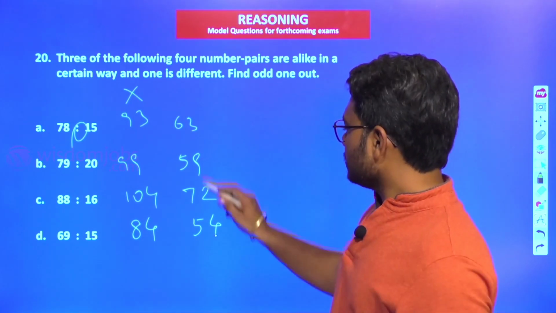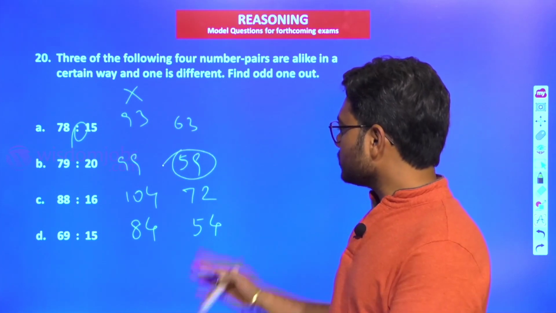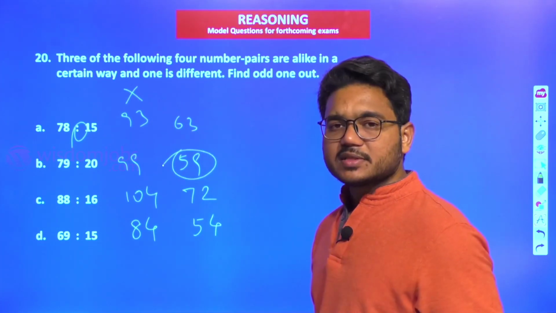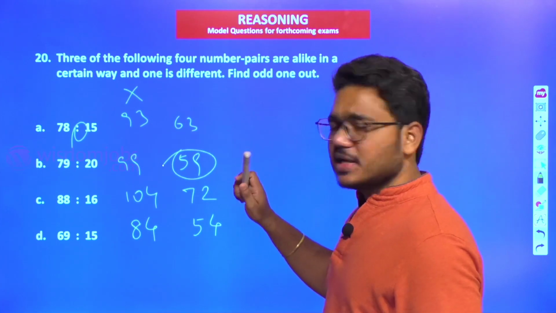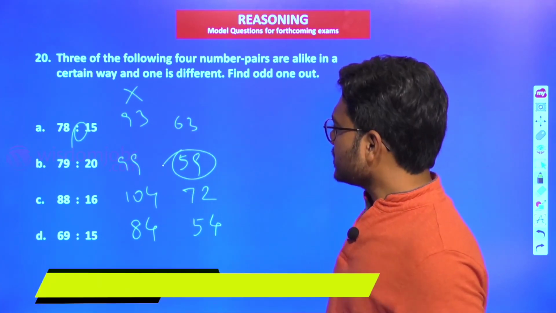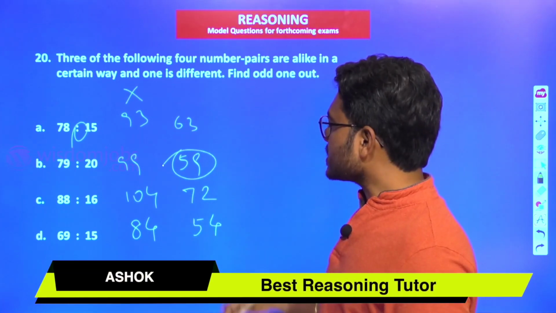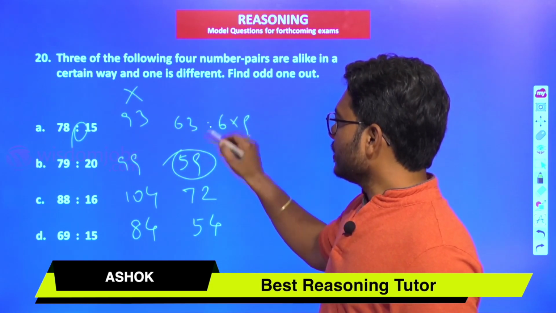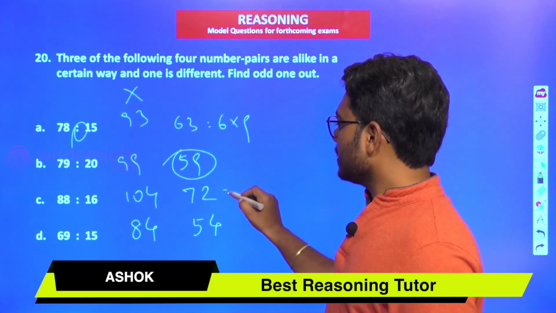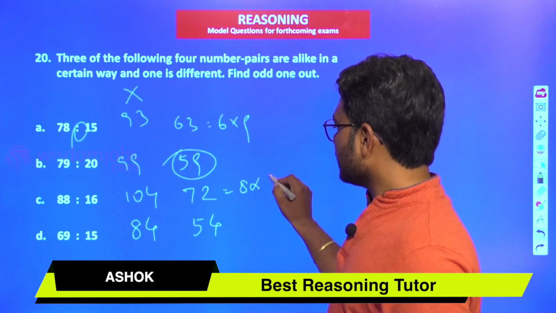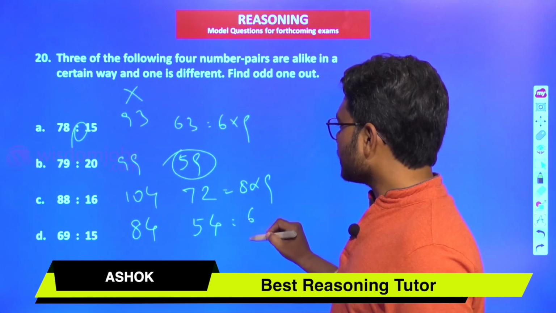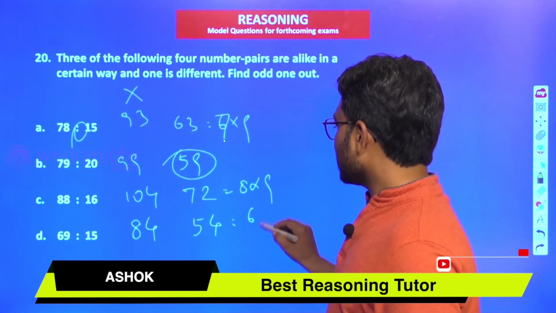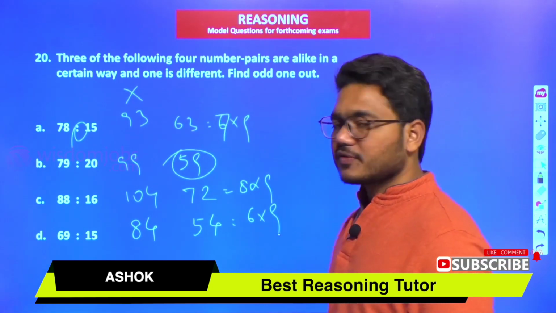Okay. So except this one, 59 is a prime number, isn't it? 59 is a prime number. The other numbers, if you see, they are following a certain pattern here. 9 times 6, then this is 8 times of 9, and this is 7 times of 9, this is 6 times of 9.